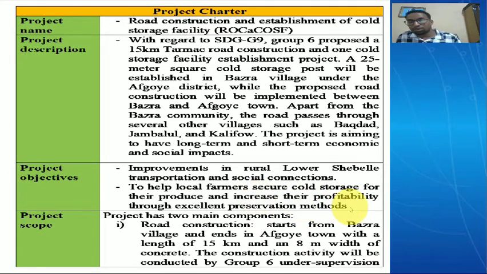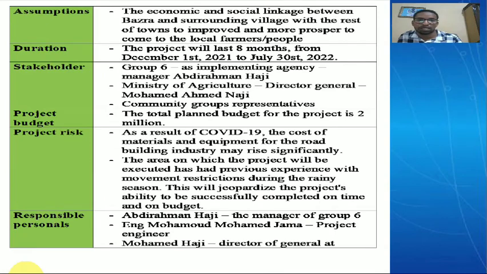The project will implement an innovative cold storage facility that will help local farmers to store their perishable vegetables during the night, and they will directly transport them to the market during the day. So our project scope is those two activities. Okay, let's jump into the next.